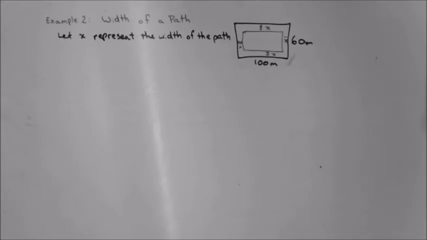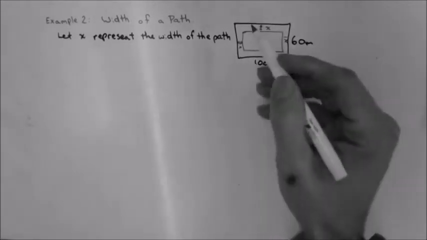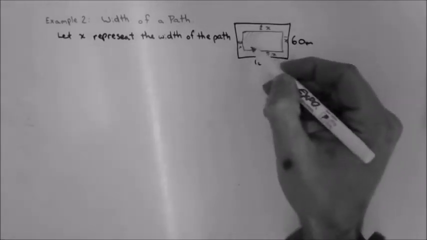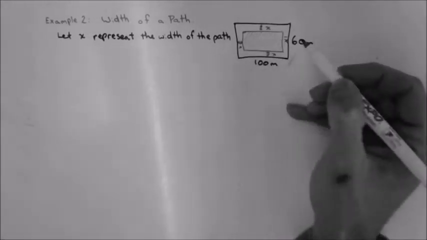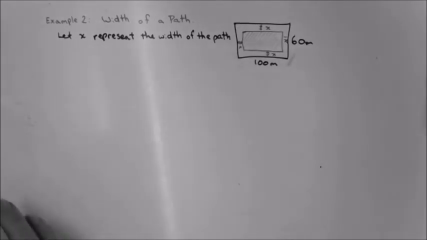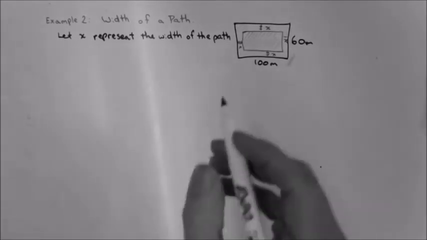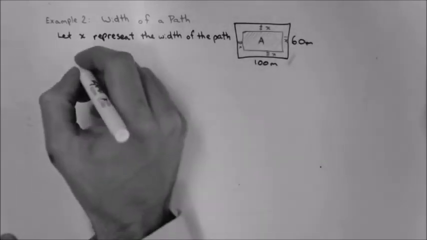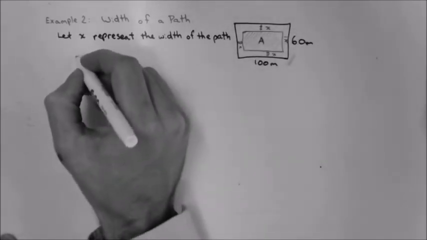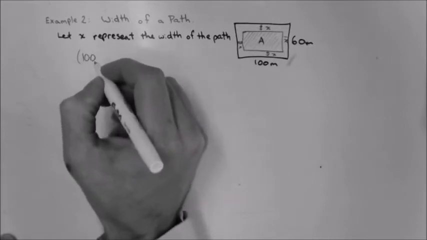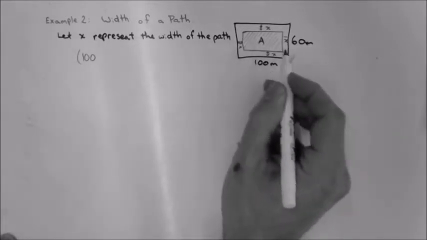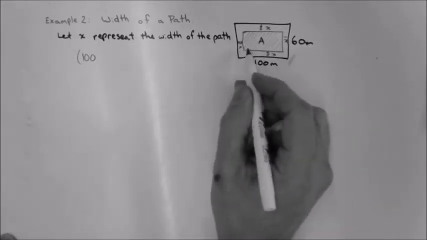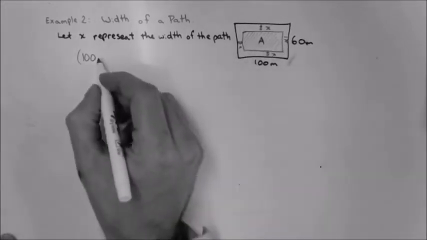So the dimensions of the park inside the path, the grassy area that's left over, talking about this green area. I know you can't see the green marker super well, so I'll use a different color to write it. The area of this now has a length of 100 minus 2 times x, the width of the path twice.